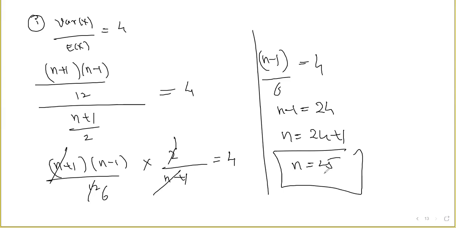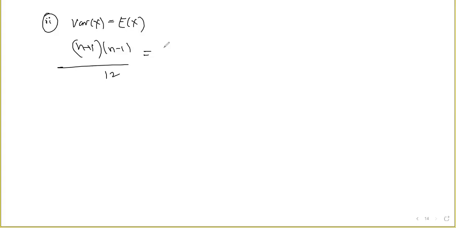Then we have one more case, the second half of the answer. What is given? If the variance of x is equal to the expected value of x, right? So variance of x, what we have? n plus 1 into n minus 1 by 12 equal to n plus 1 by 2.